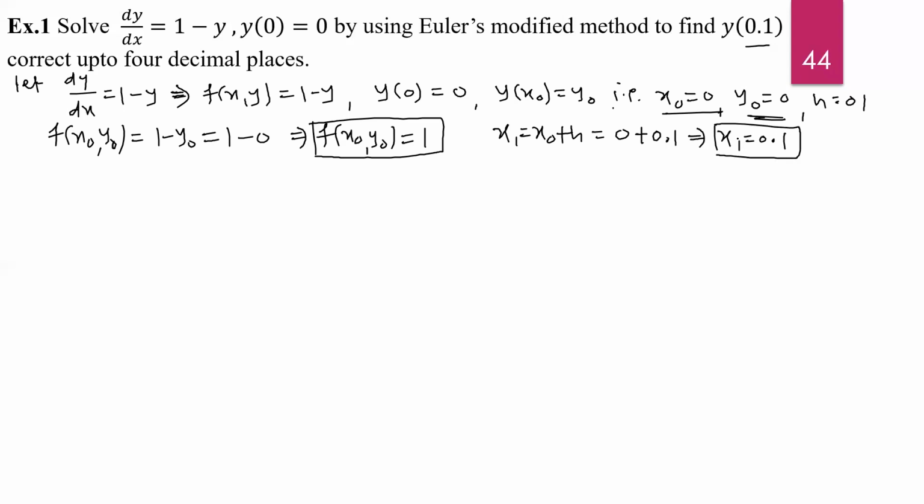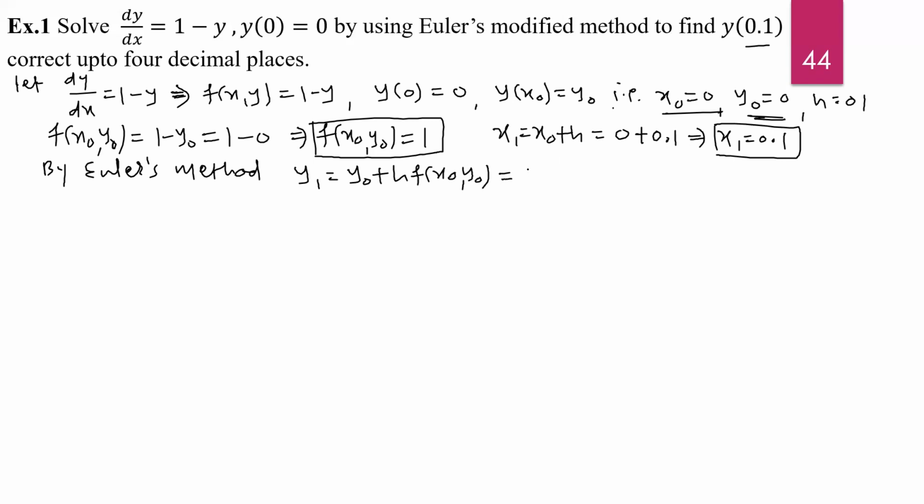Now the y1. Here we calculate y1 by Euler's method. By Euler's method, y1 is equal to y naught plus h f of x naught comma y naught.